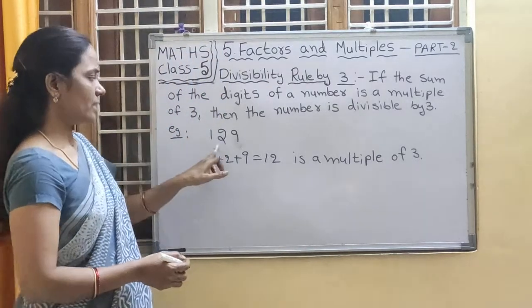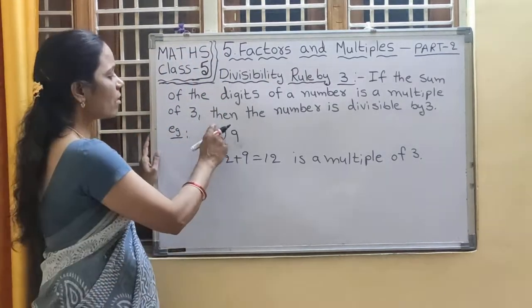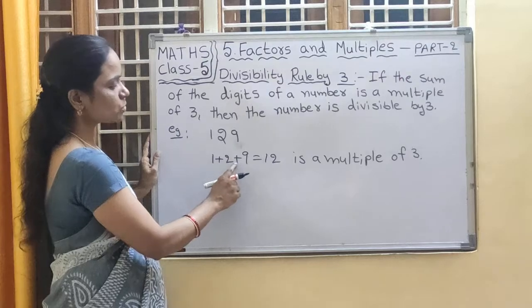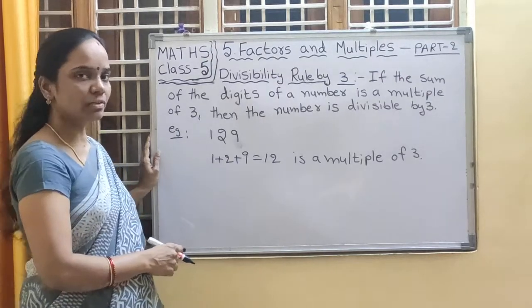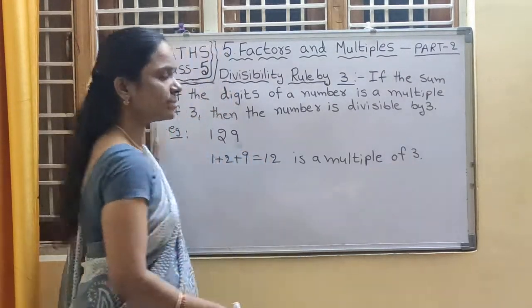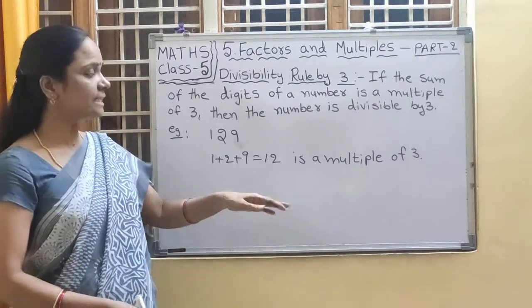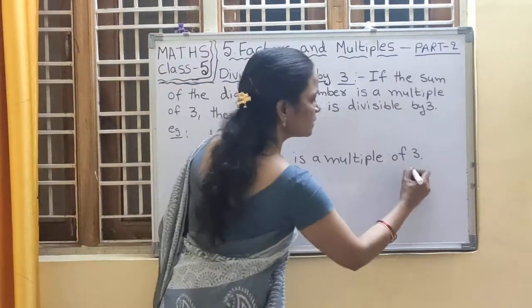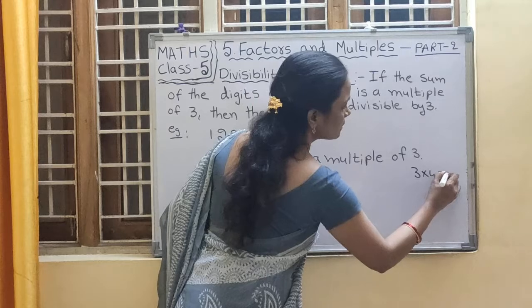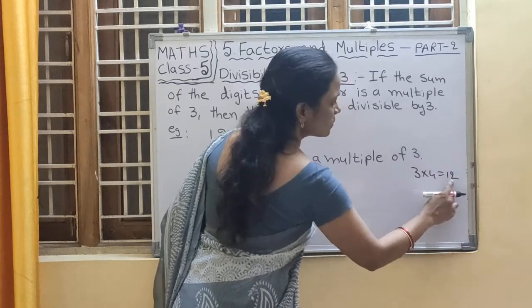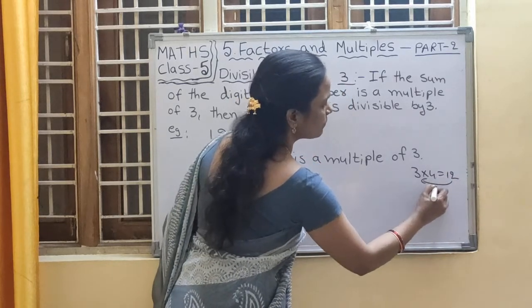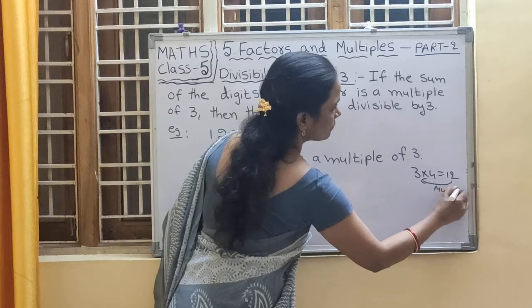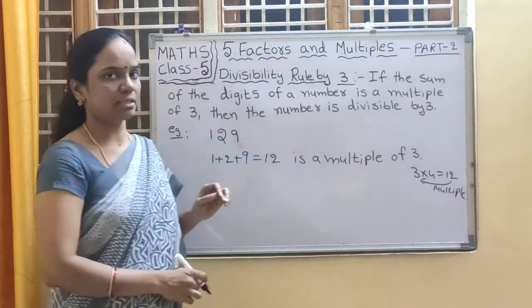Yes, 129. Add all these digits: 1 plus 2 plus 9, 12. We know that 12 is a multiple of 3, meaning in the 3 table do we get 12, children? Yes. 3 fours are 12. So 12 is a multiple of 3.